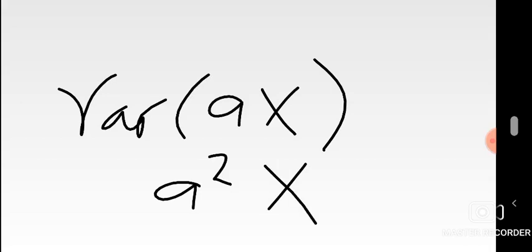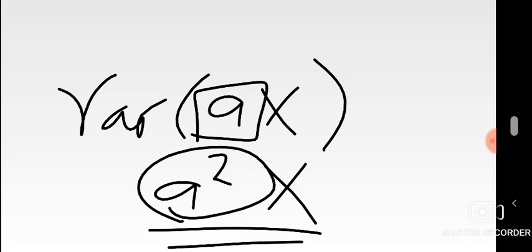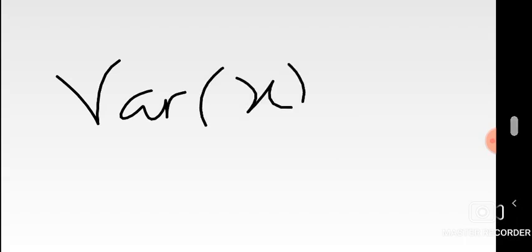If you want, you can even repeat this same part of the video. Variance of any given coefficient times x is solved as follows. You just square that coefficient and multiply it by the variance you found. Because remember, when you see the expression variance of x, it gives you an answer, like we got 2.98.